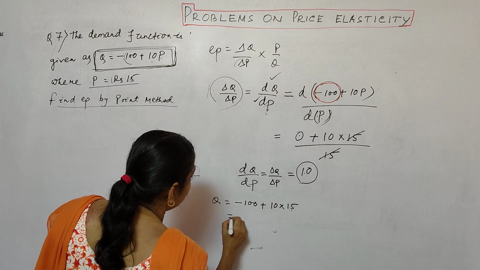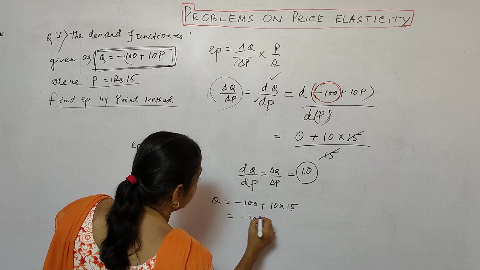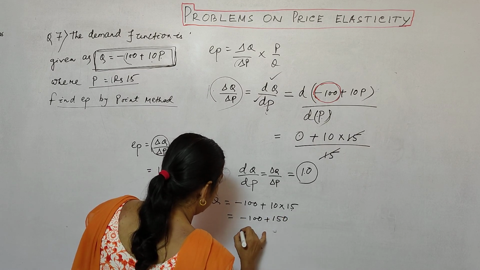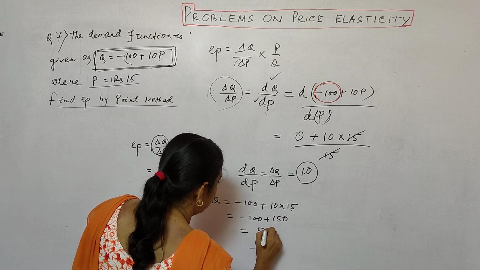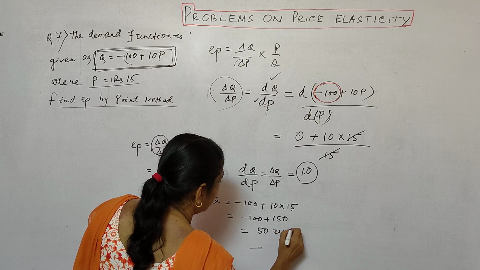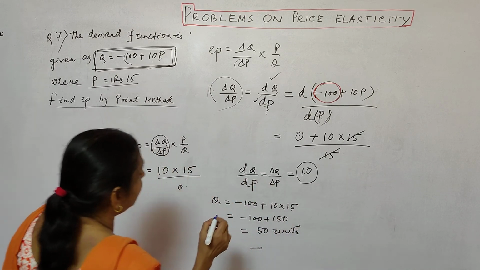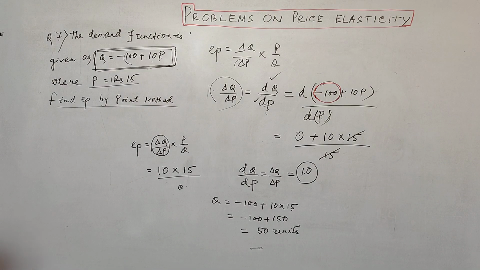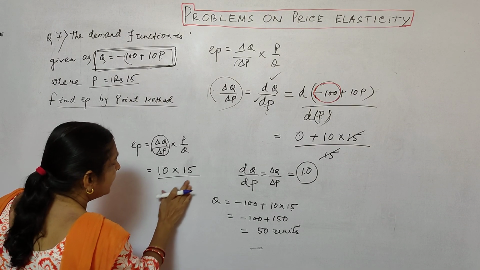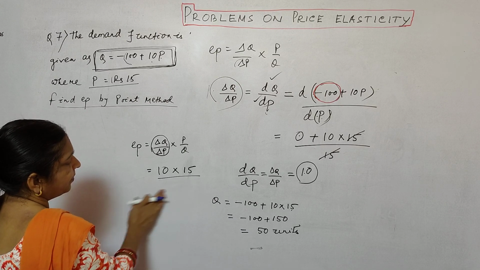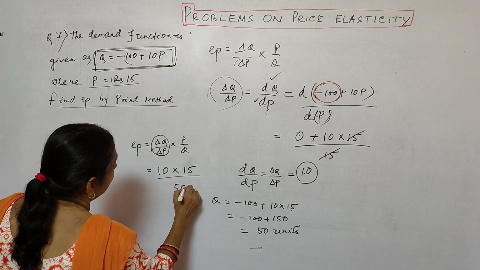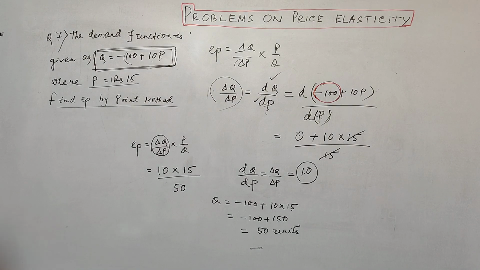It comes to minus 100 plus 150 equal to 50 units, as it is Q quantity. Now our Q is 50 units. So in this place, instead of writing only Q, we will put 50 units.